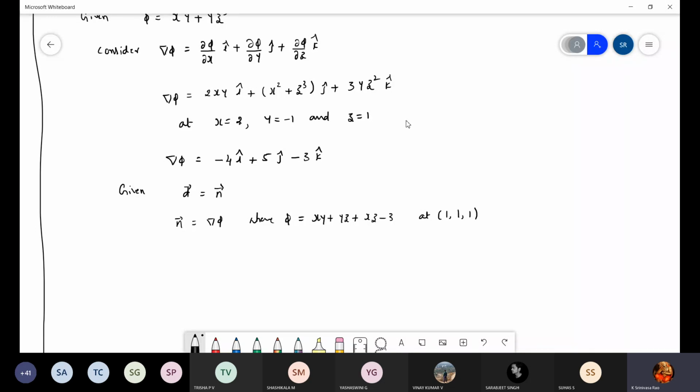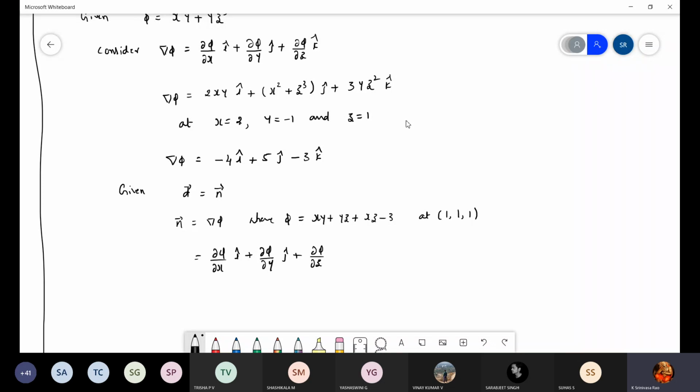Now substitute. So n is equal to grad phi, that is equal to again dou phi by dou x i cap plus dou phi by dou y j cap plus dou phi by dou z k cap. Don't be confused here: grad phi for the first and grad phi for the second we are calculating. One is the gradient, the second one is a directional vector.